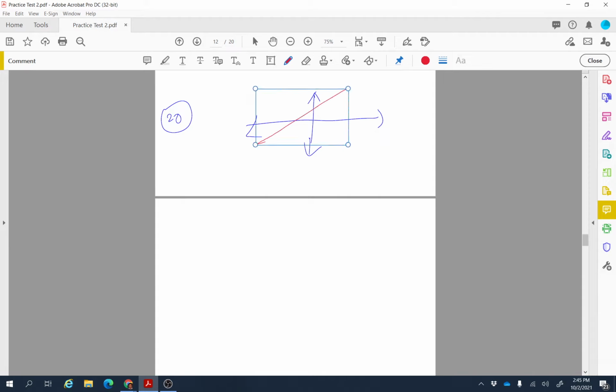This line is intersecting on the x-axis at this point. This point is called x-intercept, and this point is called y-intercept. For finding the x-intercept, you plug y equal to 0 in the given equation. For finding the y-intercept, you plug x equal to 0 in the given equation.